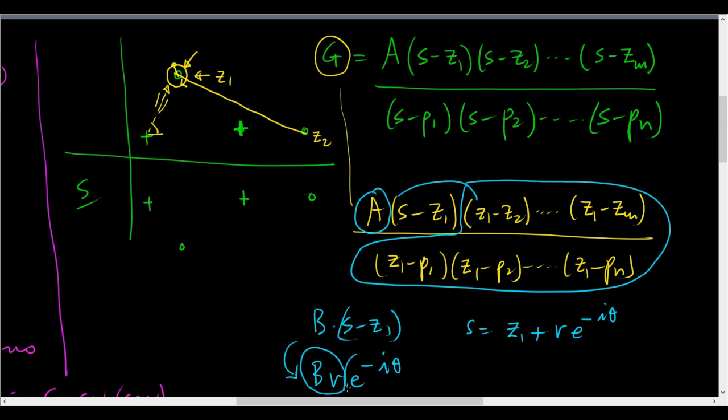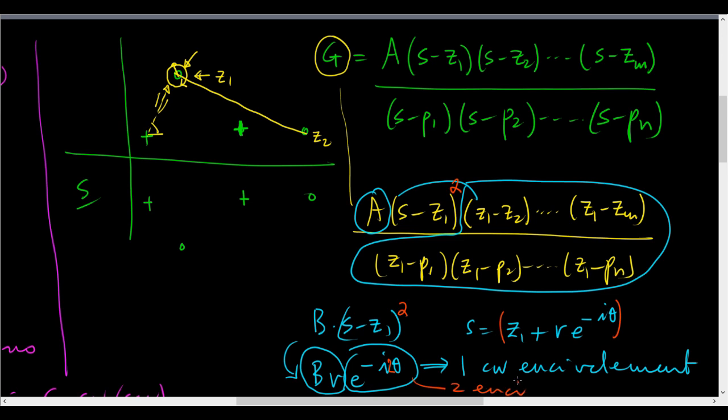This part means 1 clockwise encirclement. If this was repeated, then this would be squared. This would be 2 theta, and we will get 2 encirclements. No problem.